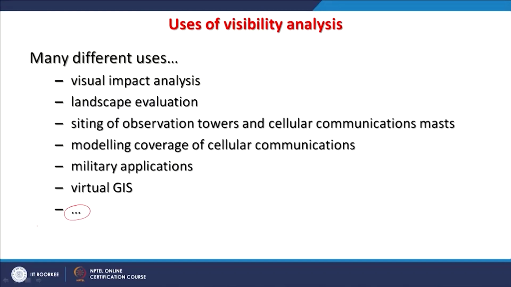And this list is non-exhaustive. That means as more handling is possible, like refraction or curvature of the earth and other parameters which may influence our line of sight for long distances, new applications will keep coming. That is why this is a non-exhaustive list.